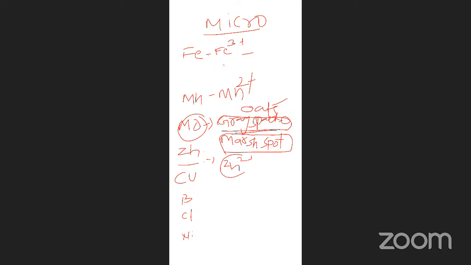And deficiency symptoms of zinc: due to the loss of zinc, there is little leaf formation, leading to little, shortened leaves, right?